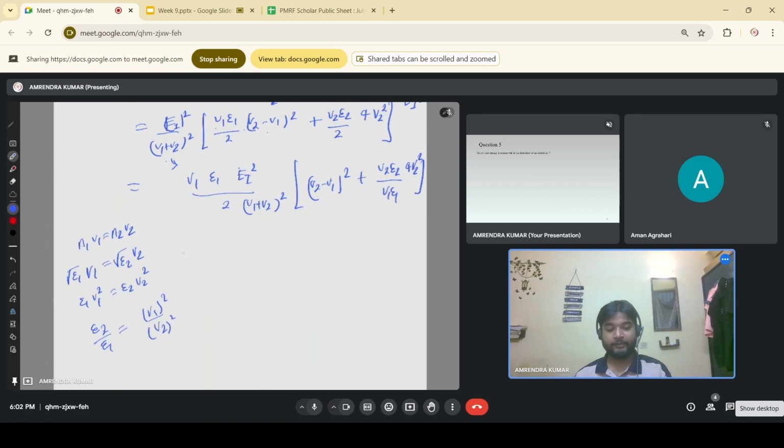Okay, so we can put it back here. So this is nothing but V1 epsilon 1 E_I square over 2. Now what will happen? This will be (V1 minus V2) square, and this will have V2 over V1, and epsilon 2 over epsilon 1 squared.